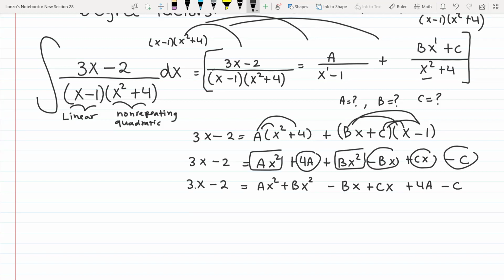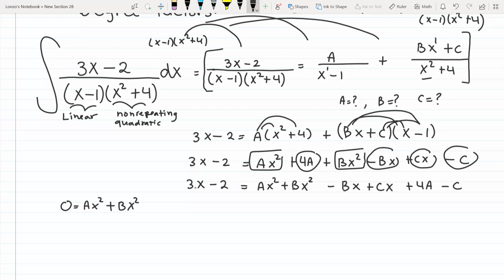Okay, and then what I'm going to do is connect it with the left side. Starting with the highest power, Ax squared plus Bx squared. On the left side, I don't see a power 2, unfortunately. So you're going to have to set it up as 0 equals Ax squared plus Bx squared.